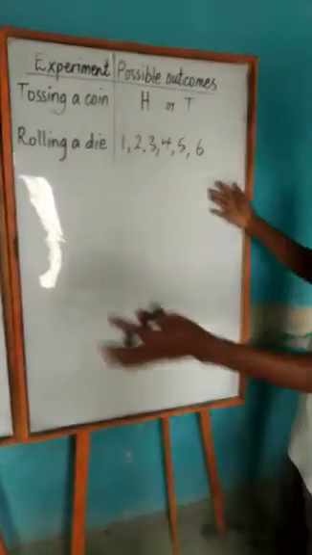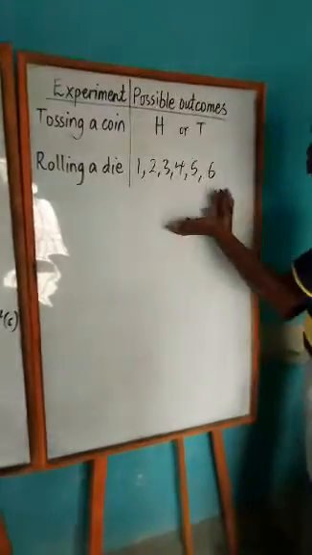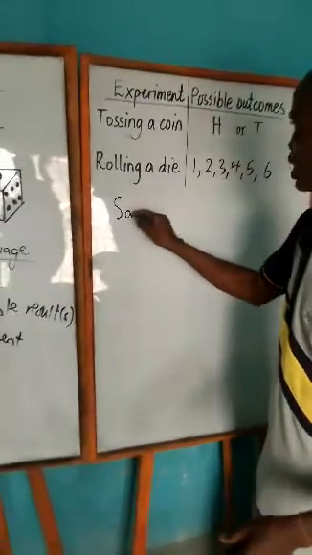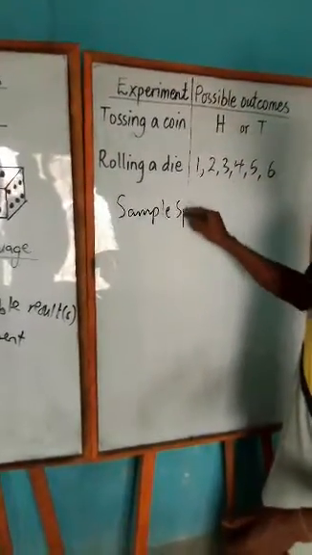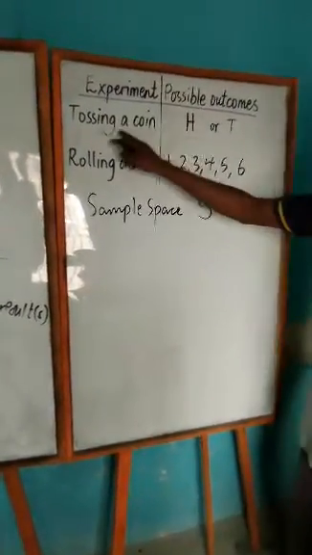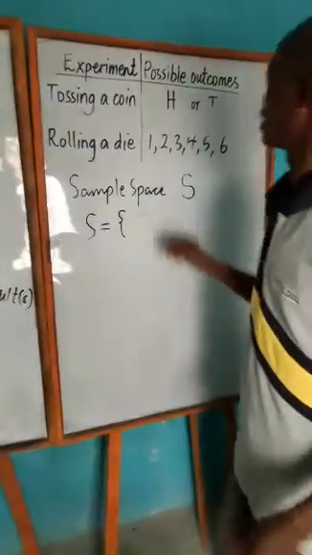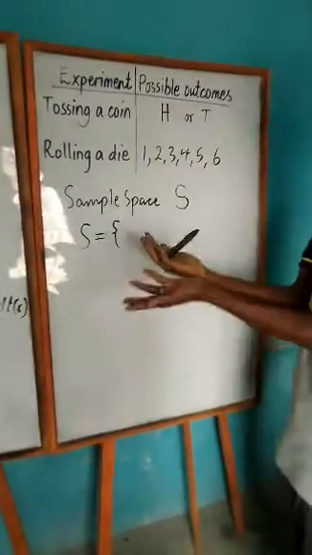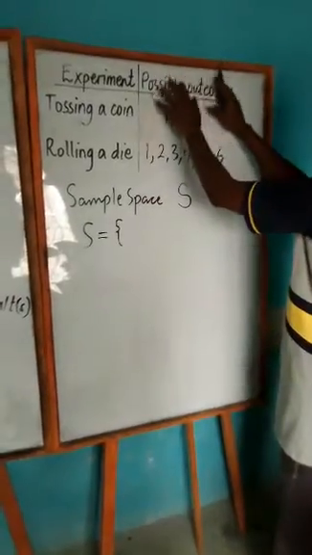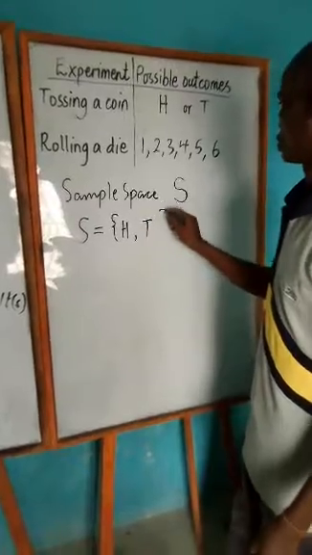So if you now put the possible outcomes as a set or as a group, that is what is referred to as the sample space. So for the experiment tossing the coin, the sample space is a collection of all the possible outcomes of an experiment: head, tail, just two.